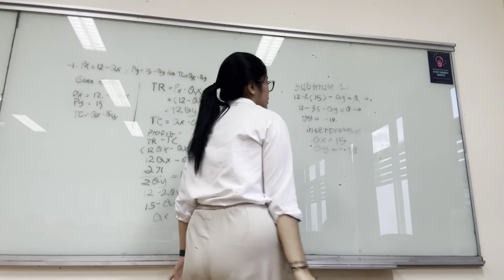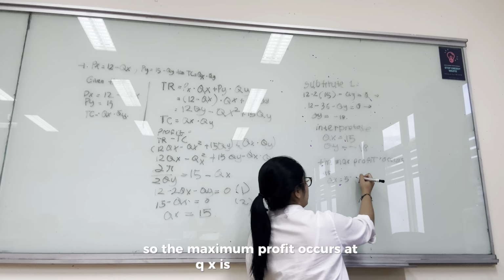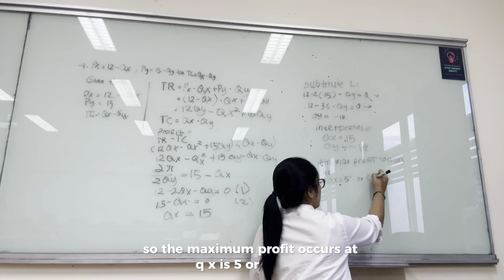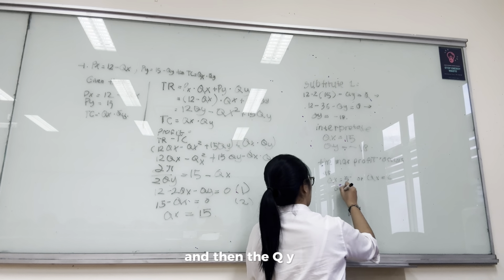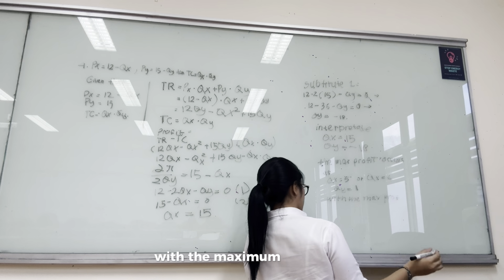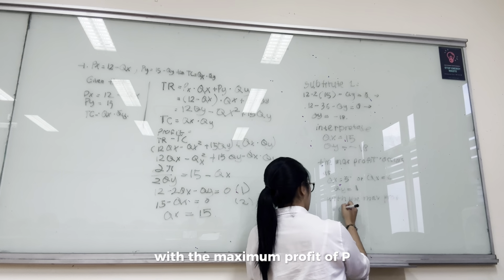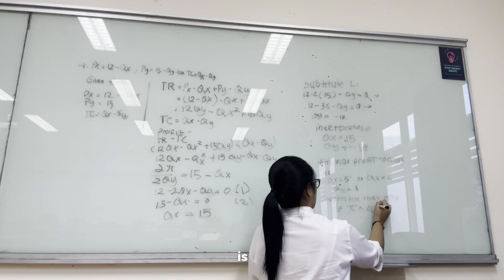Okay. So the maximum profit occurs at Qx is 5 or Qx is 6. And then the Qy is 1. With the maximum profit of pi is 45.